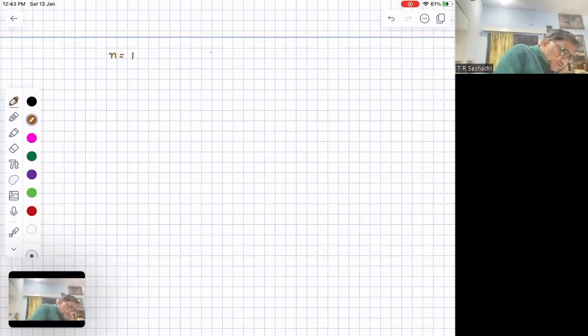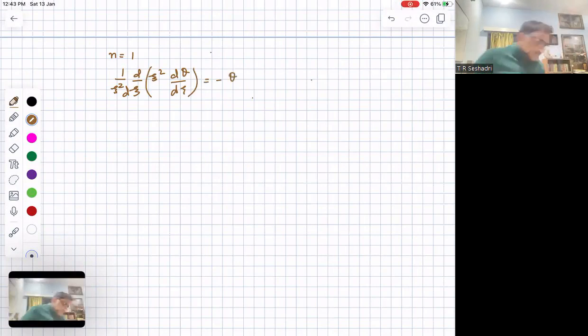Now for n equal to 1, I can write 1 by xi square d by d xi of xi square d theta by d xi is equal to minus theta. Okay. Let me substitute for theta some function chi divided by xi.